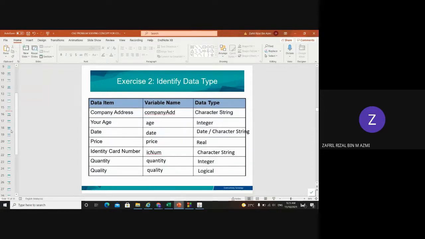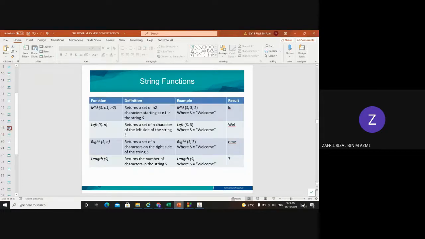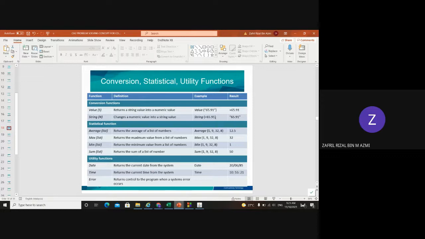You want to convert variable price to a string value, so you put price over here. So automatically any value held by the price variable will become a string.